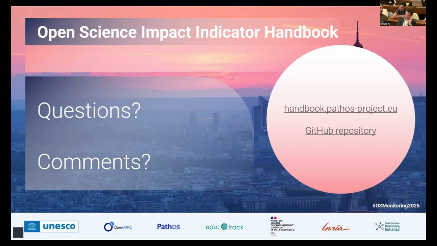Evgeny Bobrov from the BIH Quest Center in Berlin, in Germany. So I think my question could have probably also been in another panel because it applies more broadly to the PathOS approach, but I think it fits also well here. So I wonder what your opinion is in this regard. I'm still struggling to see the distinction, or I wonder why you chose the terms societal impact and economic impact.